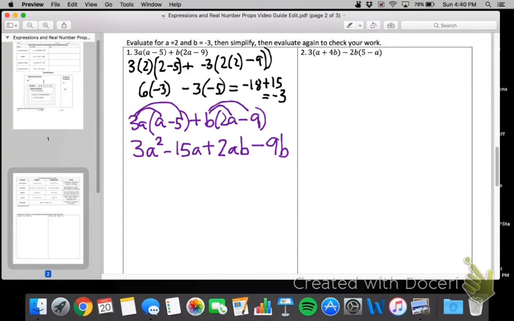So again, we're going to substitute in 2 for a, negative 3 for b. So we have 3 times negative 2 squared minus 15 times negative 2 plus 2 times negative 2 times 3. Oh no, that's a positive 2.